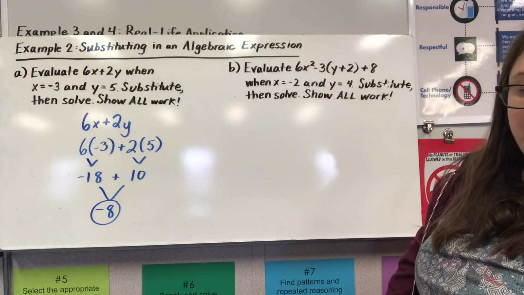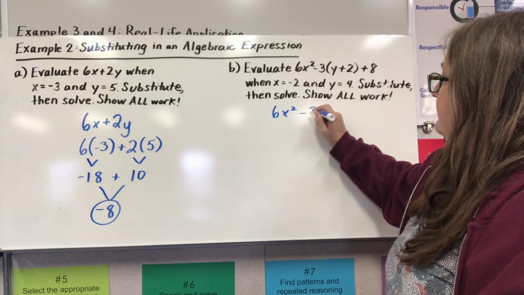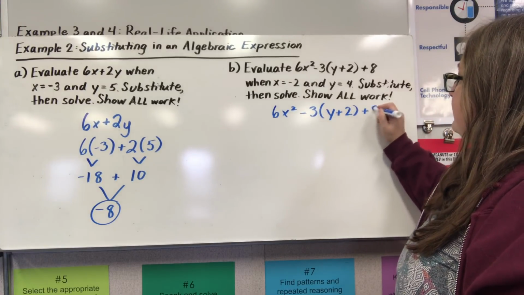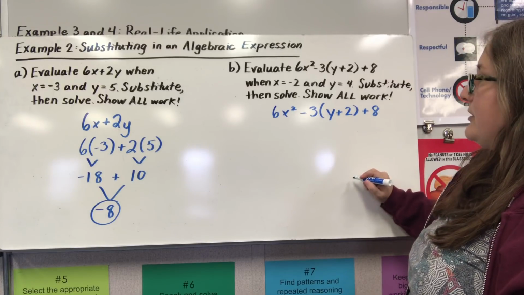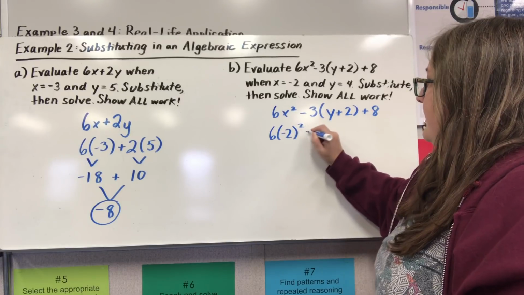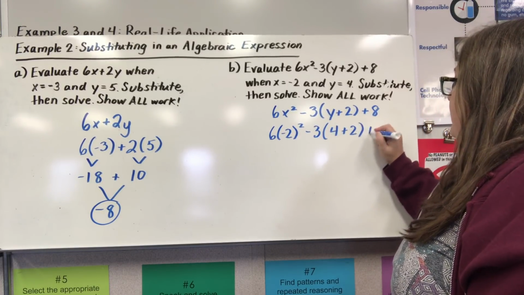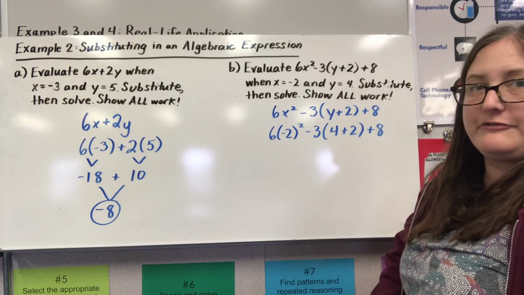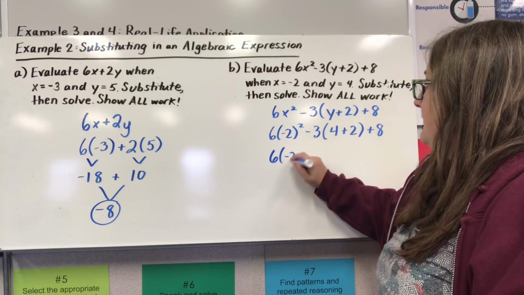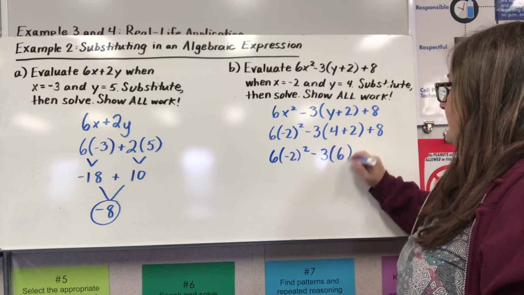All right, now I have a little bit more difficult one. I have 6x squared minus 3 times y plus 2 plus 8. So I'm going to substitute in anywhere there's an x, I'm going to put in a -2. Anywhere there's a y, I'm going to put in a 4. And I'm going to follow my order of operations. So the first thing I have to do is my parentheses here. So I have 3 times 6.